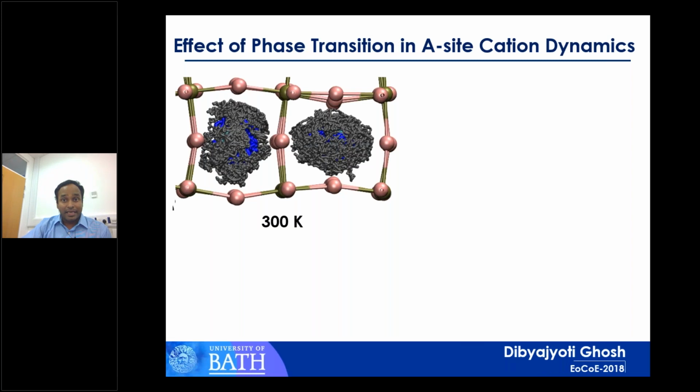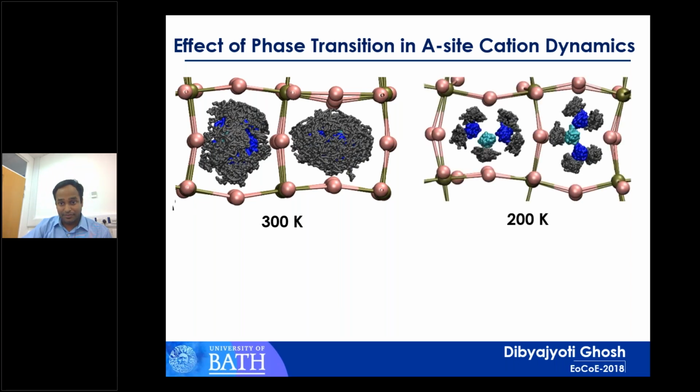We looked into the A-cation dynamics as well. At 300 Kelvin, as I showed before also, we don't find any particular orientation of formamidinium inside the cage, and it rotates kind of freely. But when we reduce the temperature to 200 Kelvin, this is the tetragonal phase, you can see two changes.